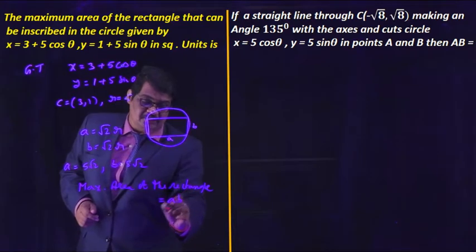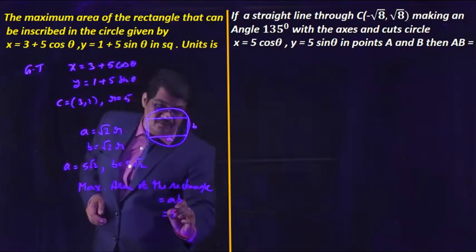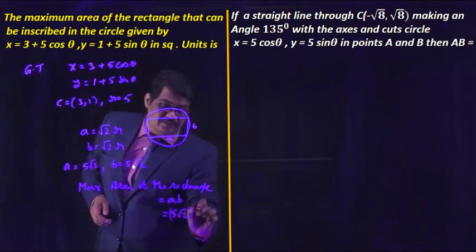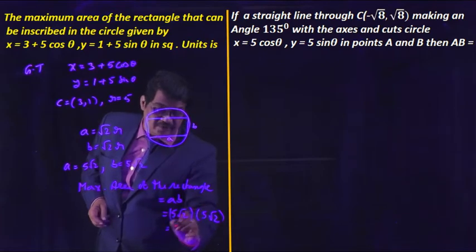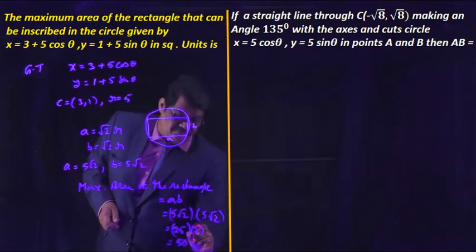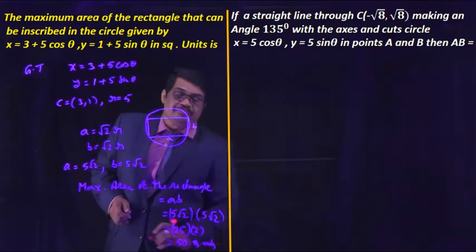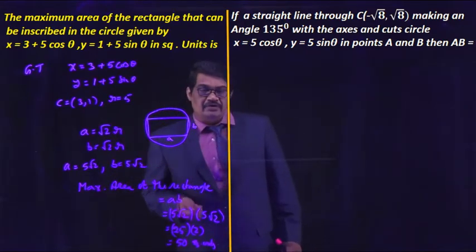What is the area of the rectangle? That is AB. Here A is 5 root 2 and B is also 5 root 2. That is 5 into 5, 25, into root 2 squared, that is 2, that is 50 square units. So the area of the rectangle is 50 square units.